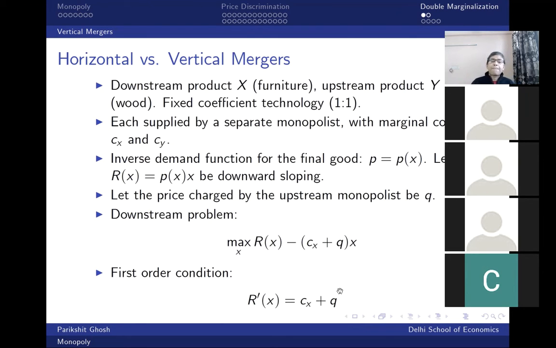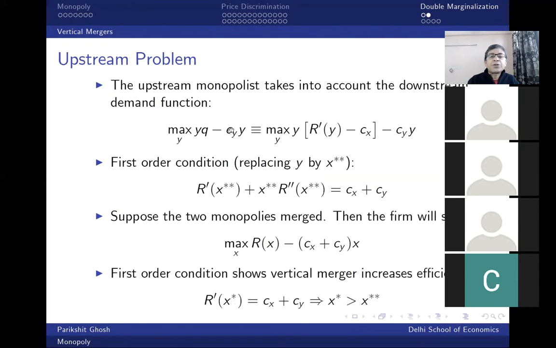So they'll take that as given in deciding what price to charge, where to set Q. So this is one way to set up that problem. The logging company, the upstream firm, will maximize their profit, which is this, right? Y is how much they're selling, times Q, the price they've set, minus this.